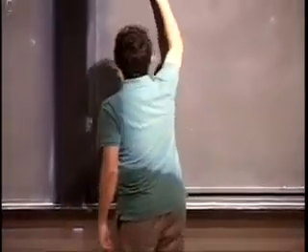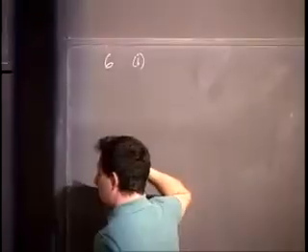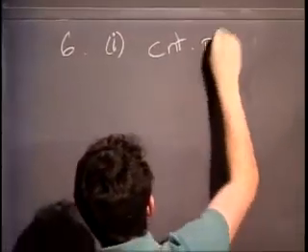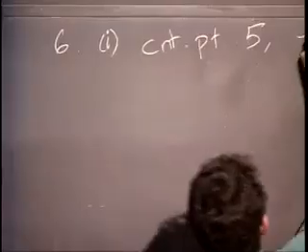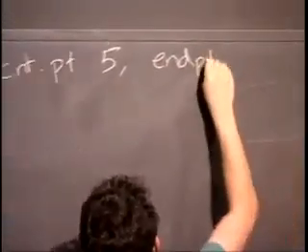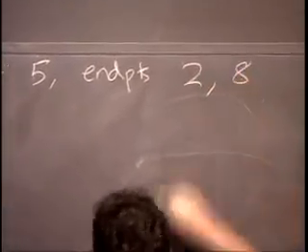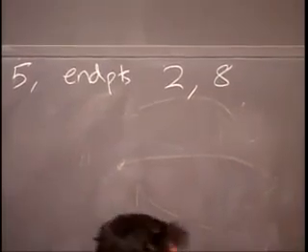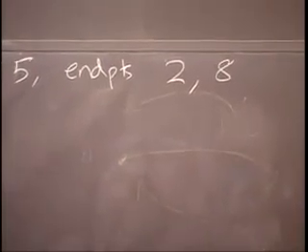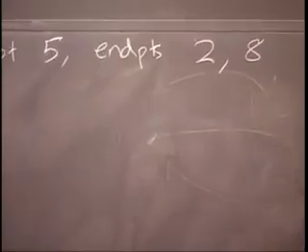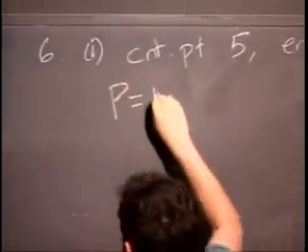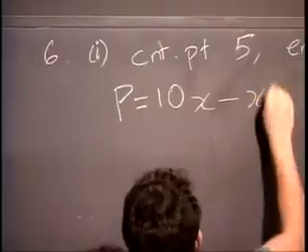So method 1, or I'll call it I, what we could possibly do is say critical point at 5, and the endpoints are 2 and 8. And we know those endpoints from step 2 over there. Okay? So what we could just do is test the product using the formula P is equal to 10x minus x squared.